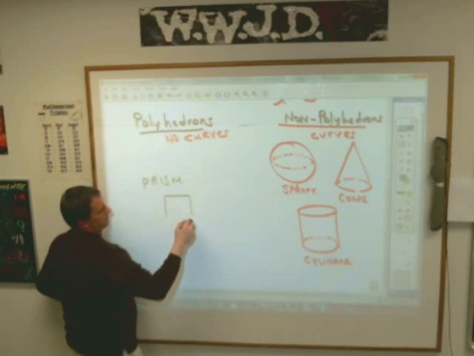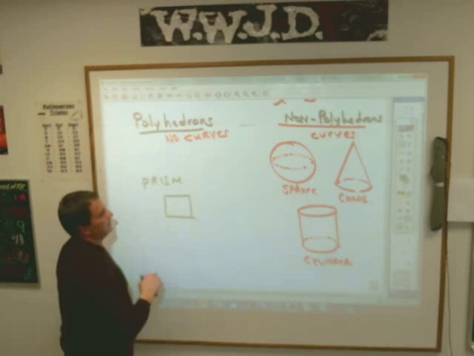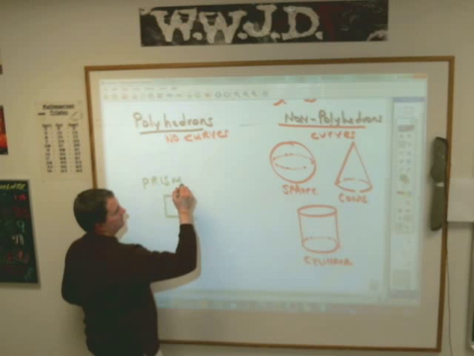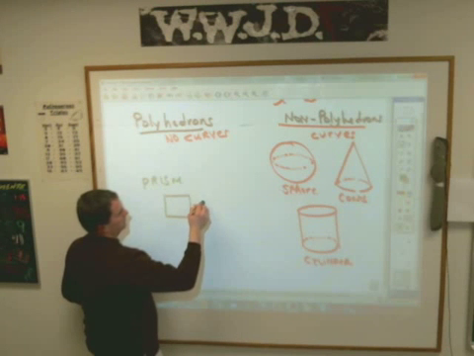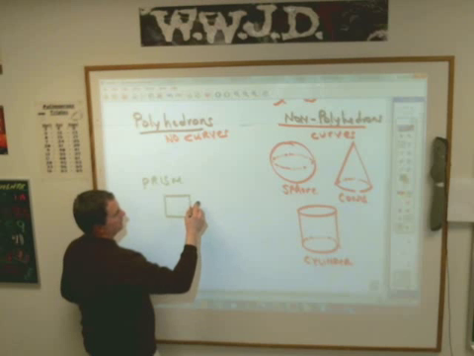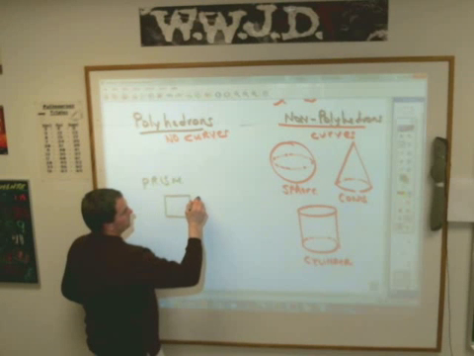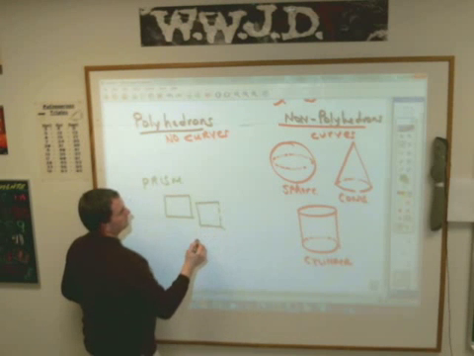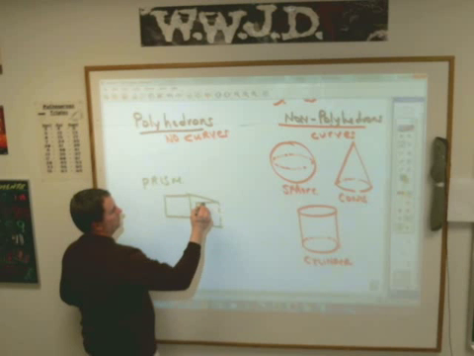Start with a square. Then draw this same exact square up and over just a little bit. Maybe I'll do it down and over. Square, square, and then connect the corners.